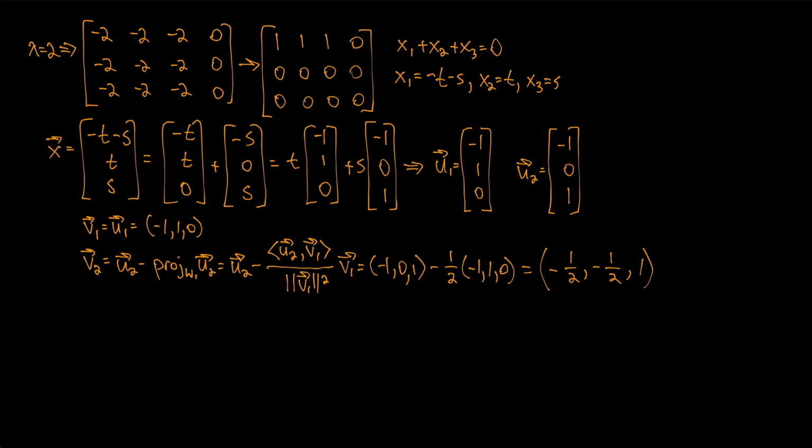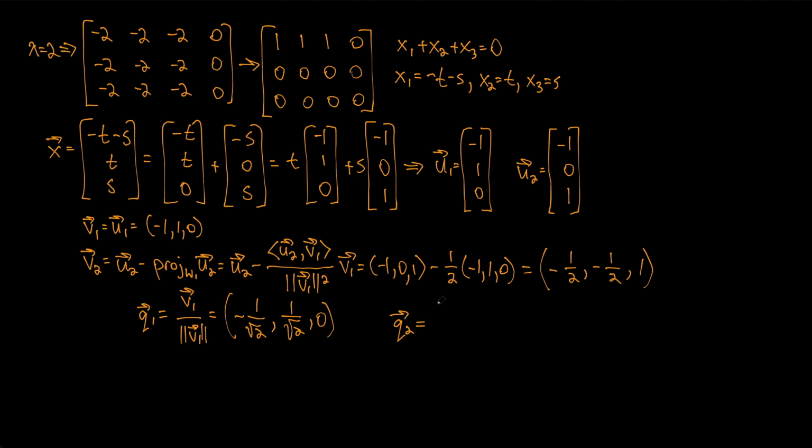So I'll make the normalized vectors with length 1 equal to the q vectors. So q1 will be v1 divided by its length. So that's minus 1 over root 2, 1 over root 2, 0, when we take v1, take the length, and divide by it. And let's get q2 now.